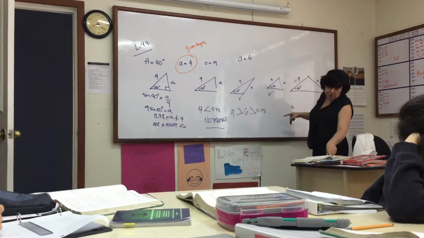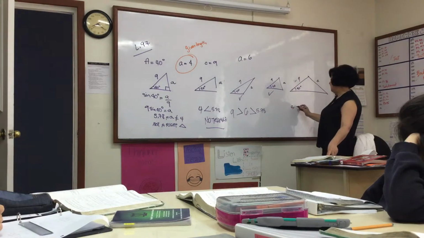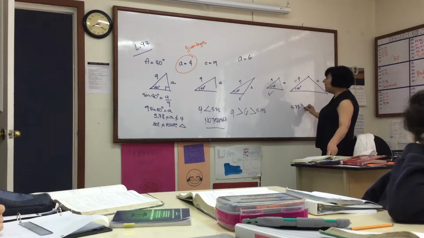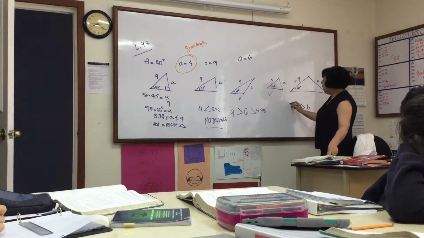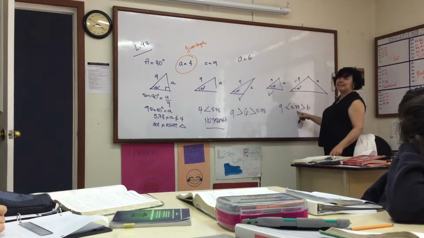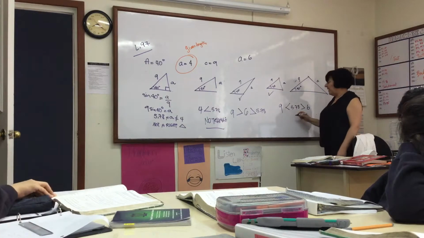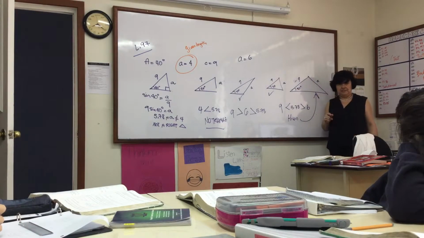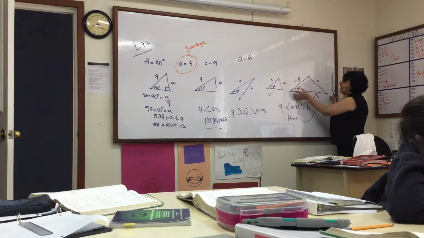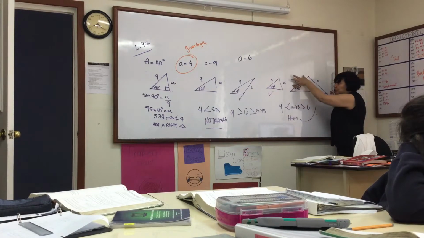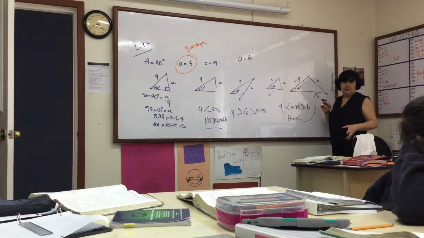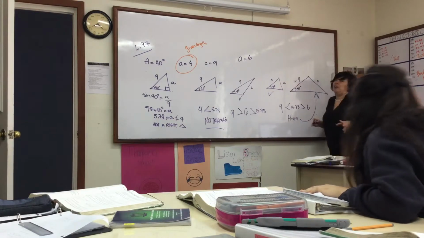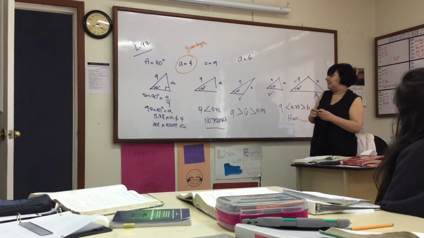If it's just greater than H, greater than 6, and also greater than 9, which is not the case here, then it is this case. Why? Because this side would be greater than the side that they gave you. Okay? So I know it's confusing, but we're going to do one under all these conditions.